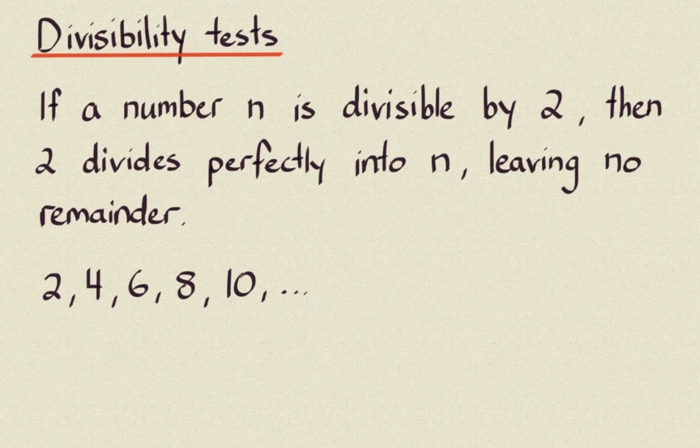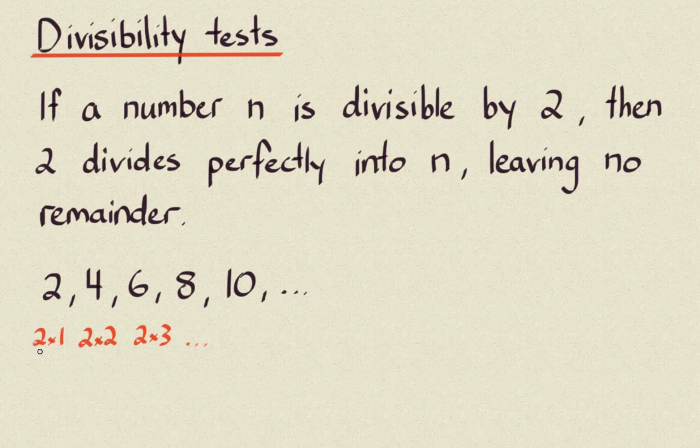But notice in generating this list here, we are using multiplication, aren't we? We're saying 2 times 1 gives us 2, and then 2 times 2 gives us 4, 2 times 3 gives us 6, and so on. What do we see?